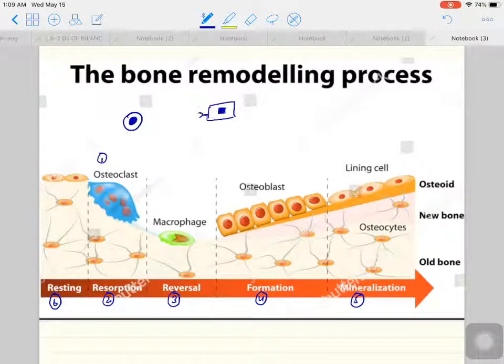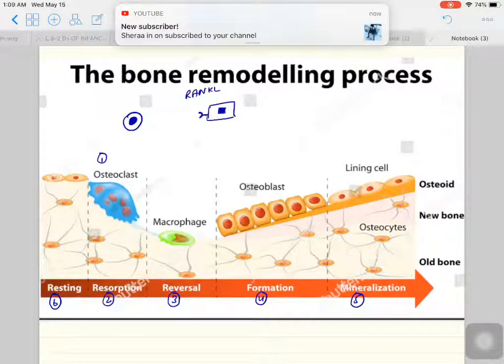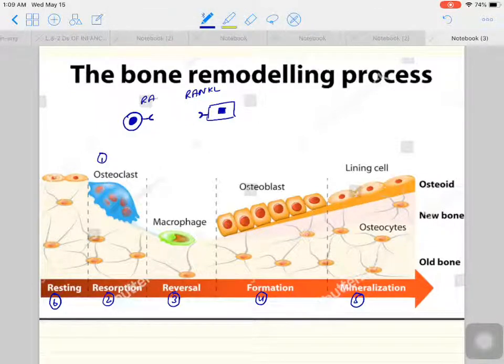This is a RANK ligand. The RANK ligand interacts with a RANK present on the surface of the osteoclast precursor.